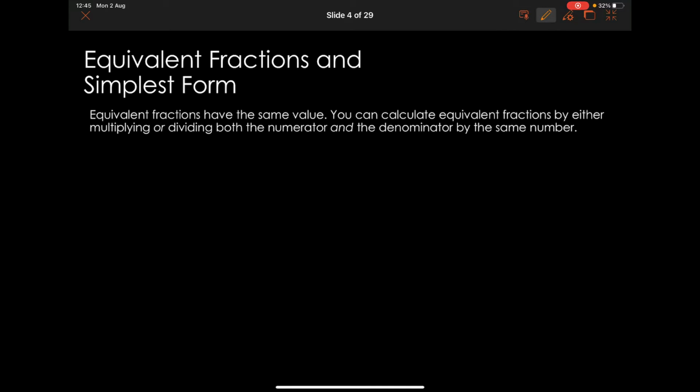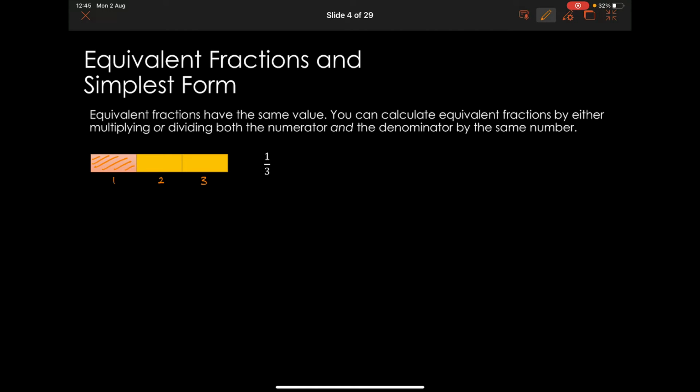Now then, equivalent fractions have the same value, so that means that they are basically the same, and you can calculate equivalent fractions by either multiplying or dividing both the numerator and the denominator by the same number. So this box or this drawing shows that I've got one part coloured in out of 3. Okay, one part's orange out of a total of 1, 2, 3.